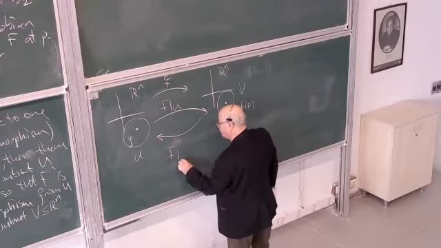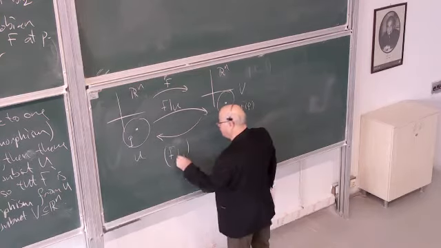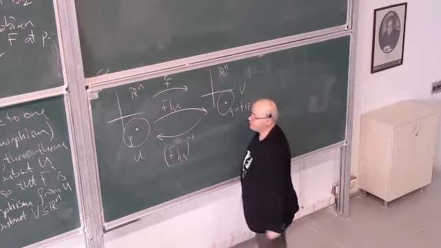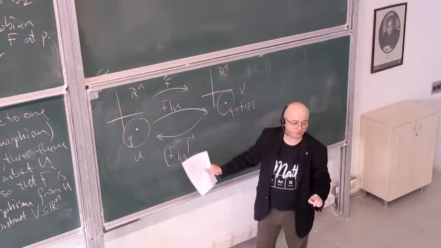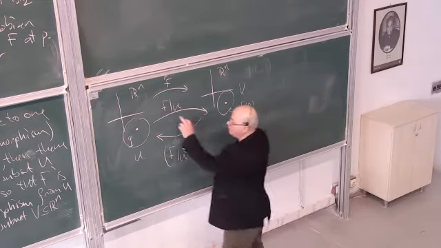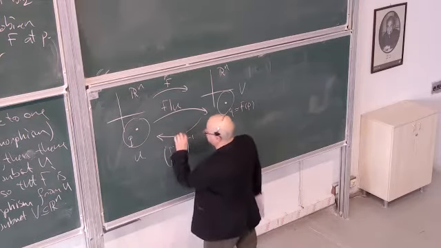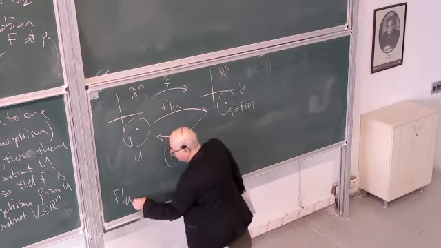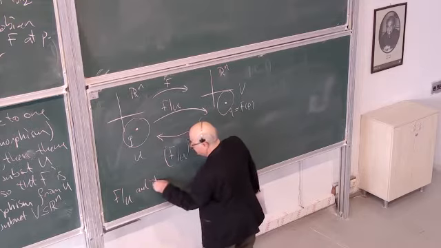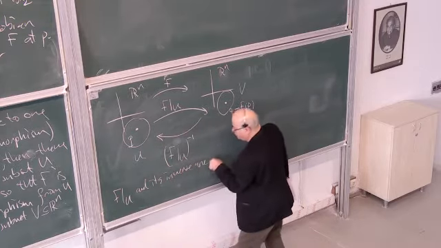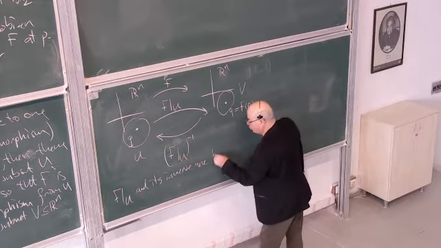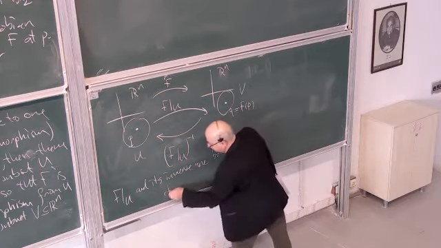I should write it this way. The inverse of this restriction exists, and both of them are differentiable maps. Okay, both maps F and its inverse are both differentiable.